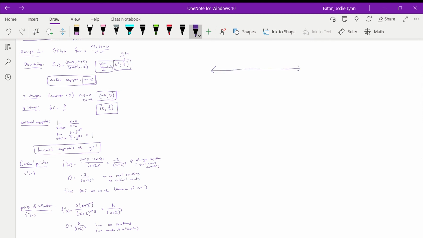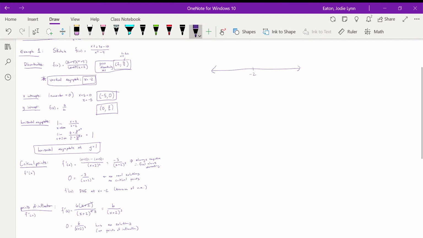Our points where things are changing are our critical points and points of inflection. We also need to include vertical asymptotes in this sketch. So negative 2 is a vertical asymptote. You can put a little star next to vertical asymptotes because those are going to have to go in our chart.